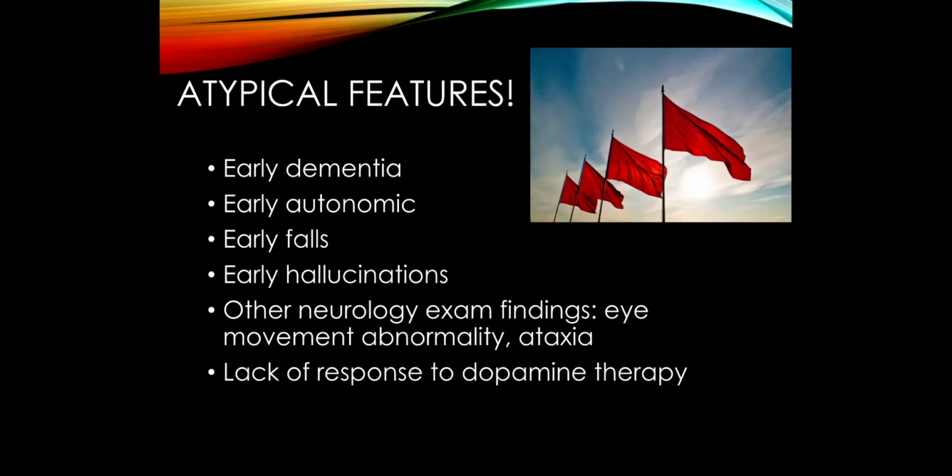If they have early autonomic symptoms, so they stand up and they're passing out all the time, they probably don't have Parkinson's disease. Again, early falling is a red flag symptom. Early hallucinations. Okay, and if they have specific, unique findings on exam, especially with relationship to eye movements and ataxia, that would suggest an alternative diagnosis.